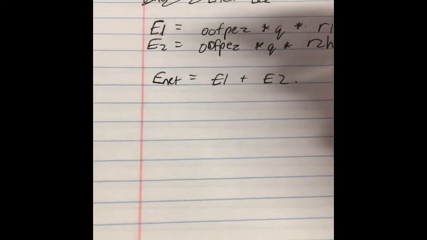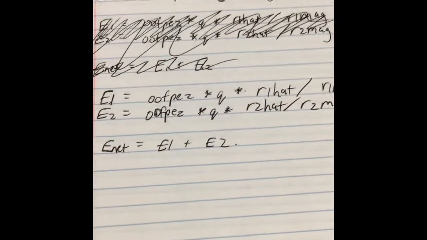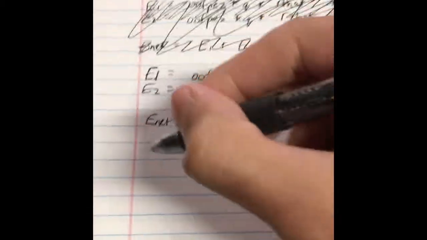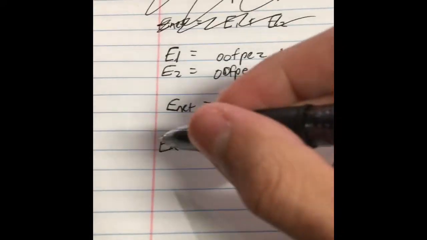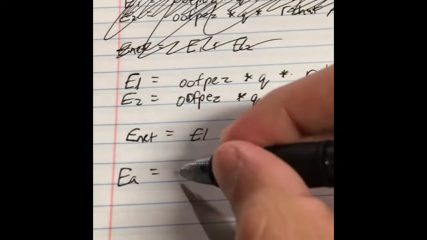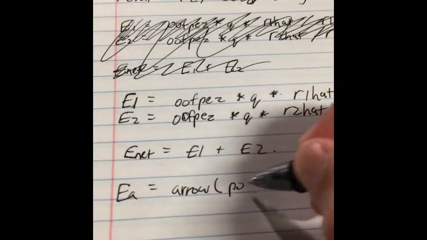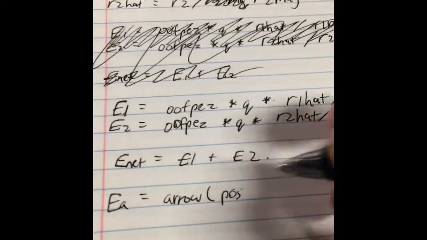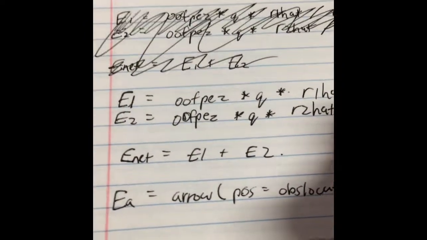Okay, so in order to create an arrow to display the net electric field at the observation location and scale it, you need to have EA, which represents the arrow for the electric field, equal to arrow. Position is equal to observation location.